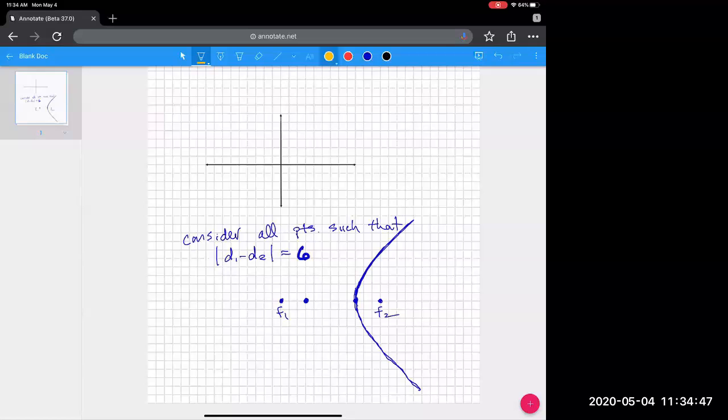Again, it may not be accurate, but if I take one of these points, this distance has now gotten bigger, D2 has gotten bigger, but F2 has also gotten bigger. And as I go farther out here, they both continue to get larger and larger. So they're both getting larger, but what's important is that the difference between them is staying 6.